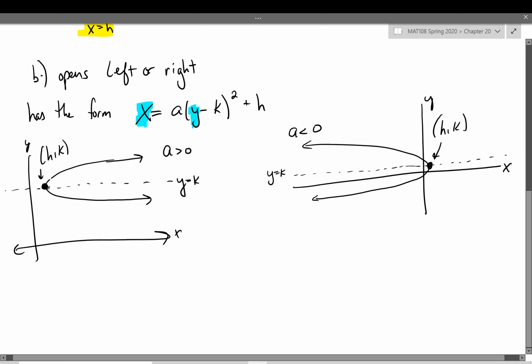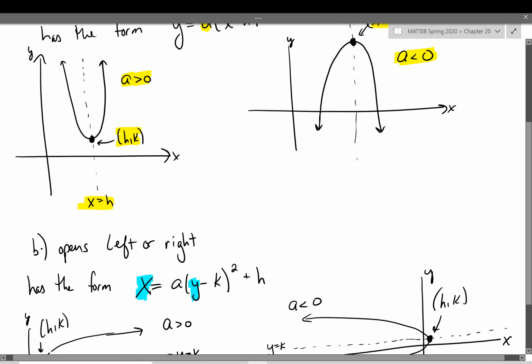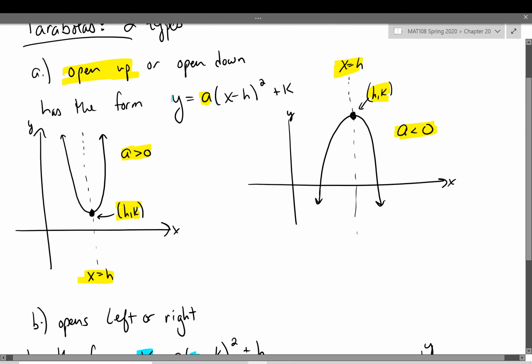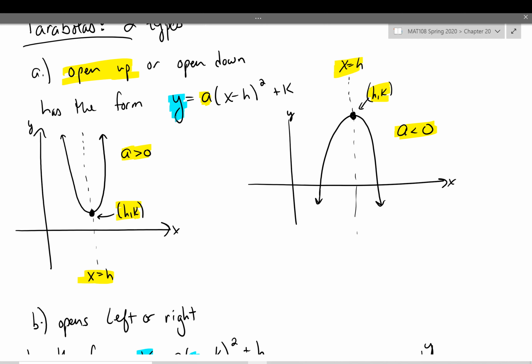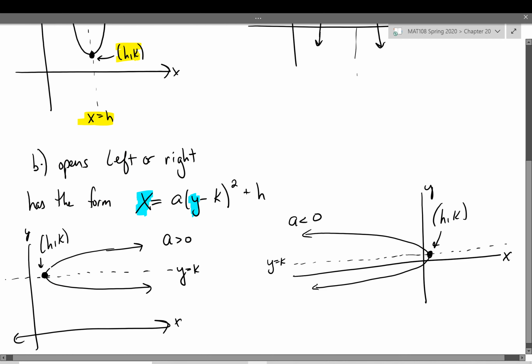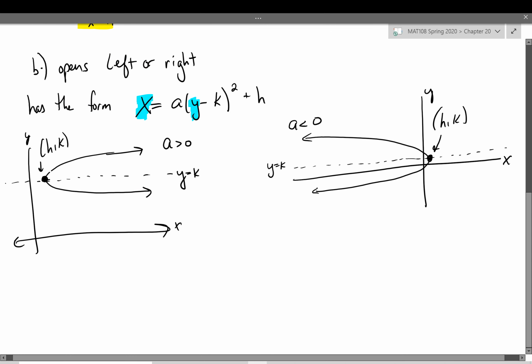Let's go back to the previous one real fast. See how this one right here is solved for y? Well, if the quadratic equation is solved for y, then you're going to have a parabola that opens up or down. If you have a parabola that is solved for x, like we do here in part B, then you're going to have a parabola that opens left or right, okay?